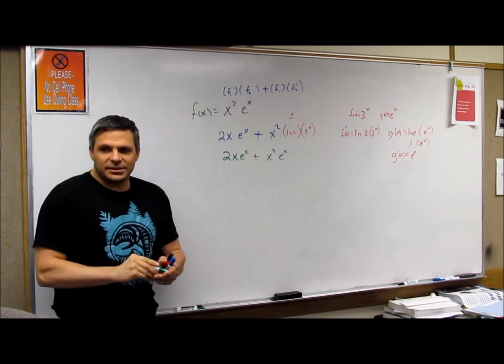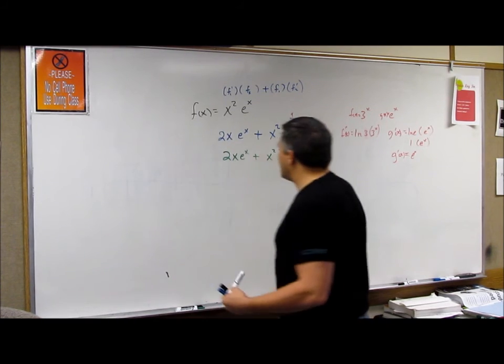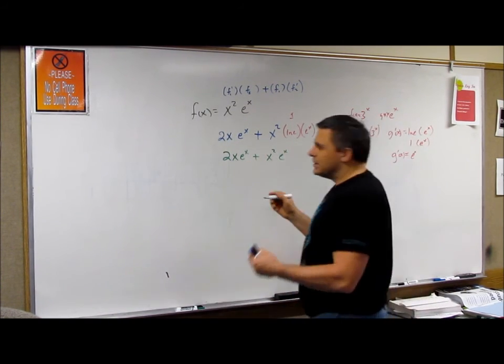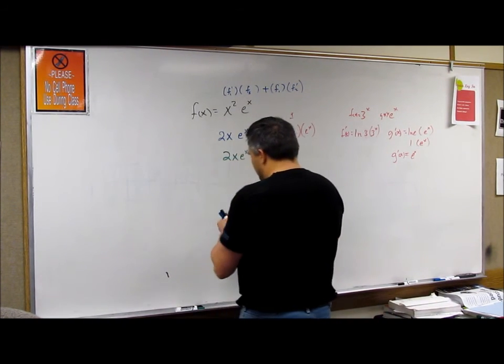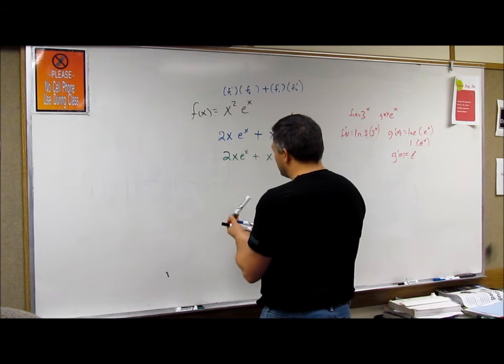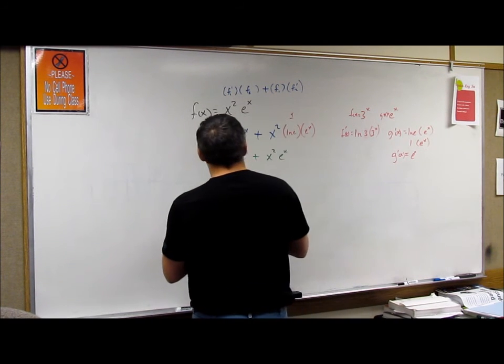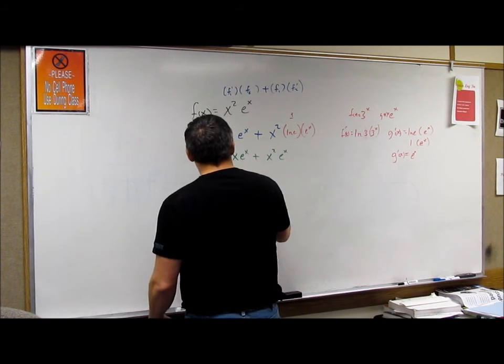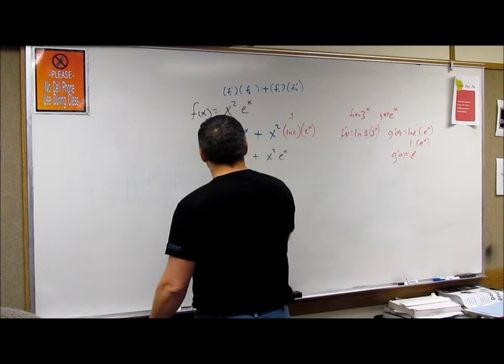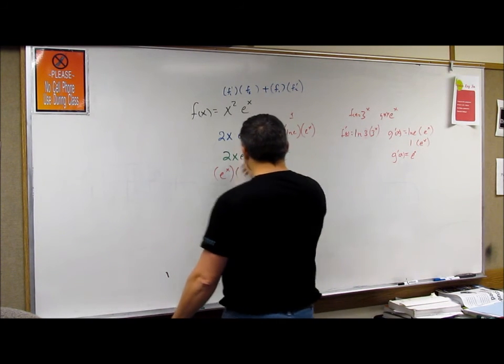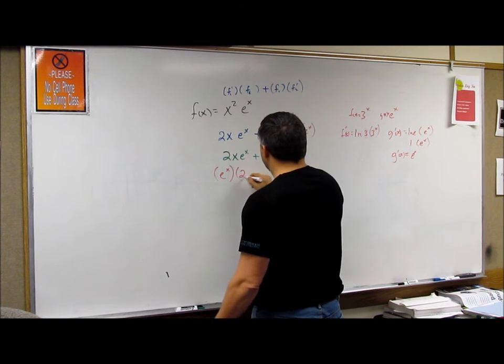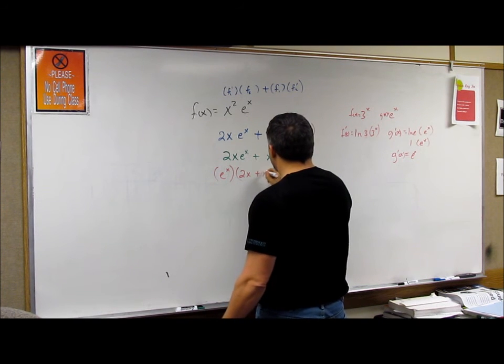And what's nice here is, okay, you see anything in common? The e to the x's? So we pull those out, and we got e to the x times what's left inside, 2x plus x squared.